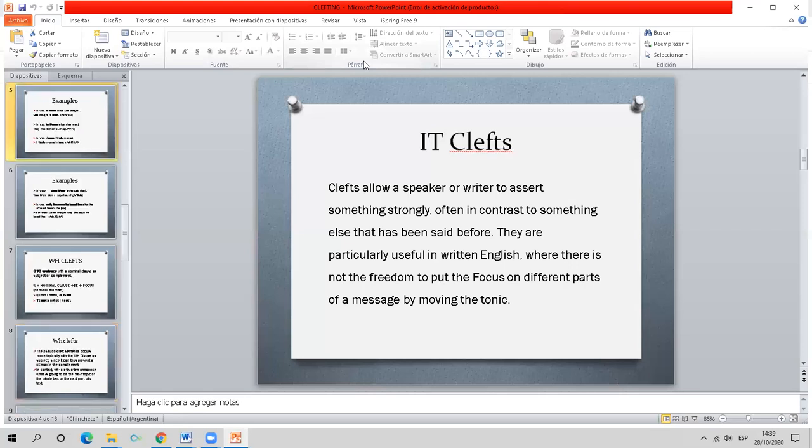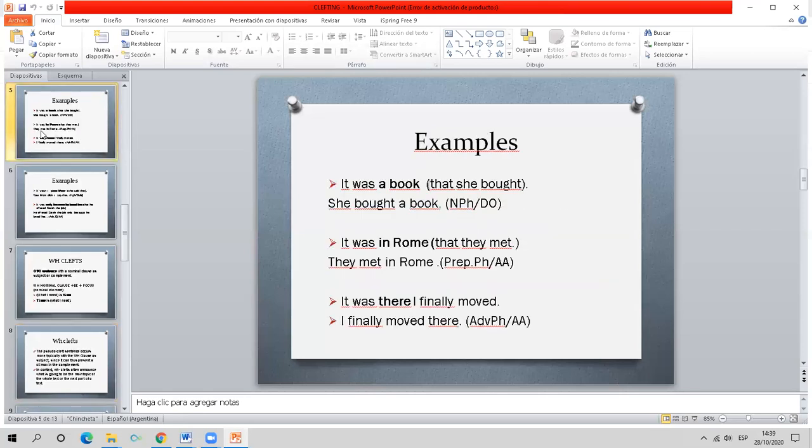Let's have a look at different examples here. We said that the focus may be a noun phrase. In this case, for example, I could say, it was a book that she bought. We can think of the unmarked sentence or clause, which would be, she bought a book.